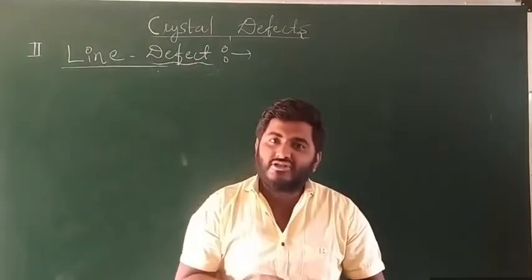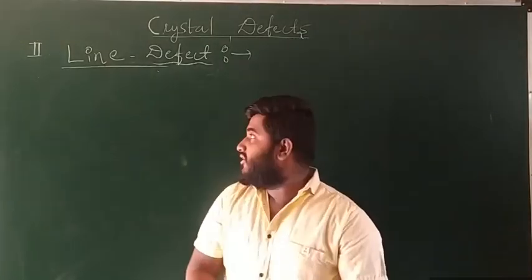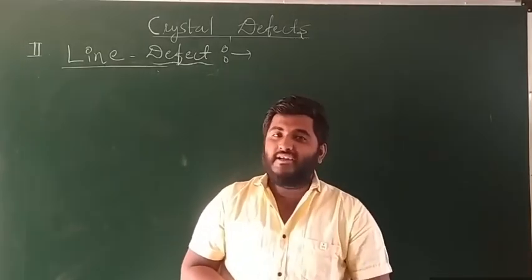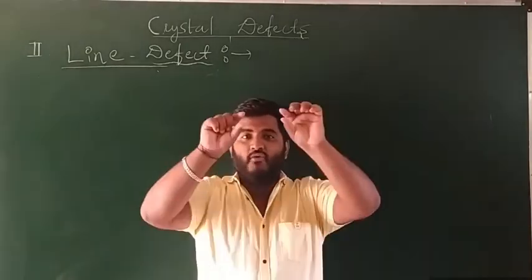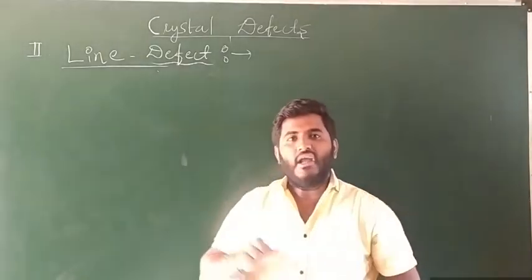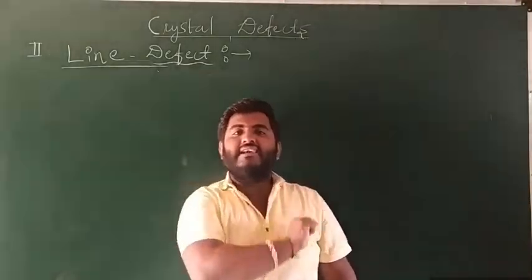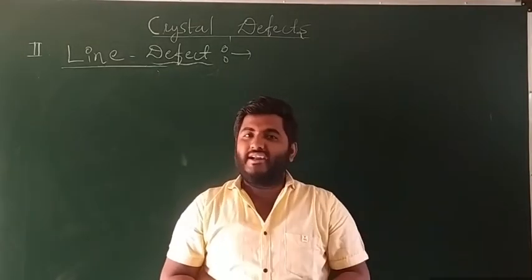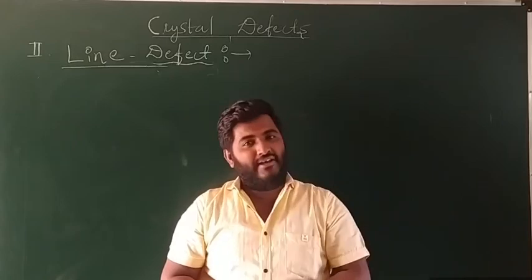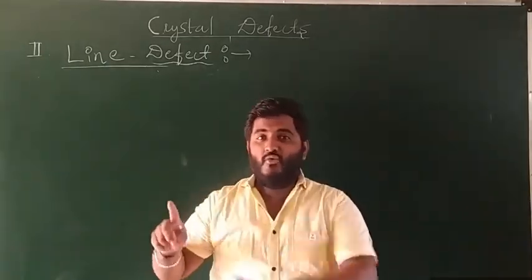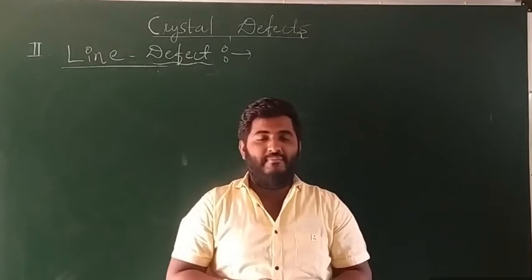If you have any doubts, please comment below. Okay, I will just recall what we have studied. In crystal defect, there are mainly two types: one is point defect, another is line defect. In point defect, again three classifications: stoichiometric defect, non-stoichiometric defect, impurity defect. In stoichiometric defect, again two classifications: vacancy defect and interstitial defect.